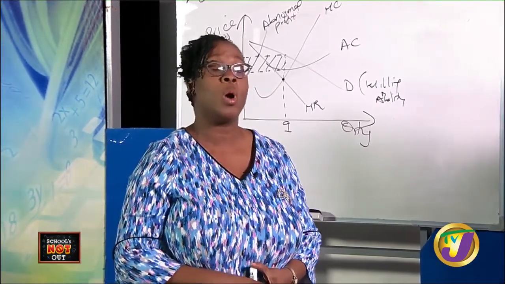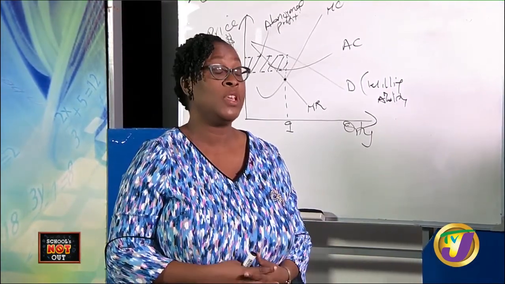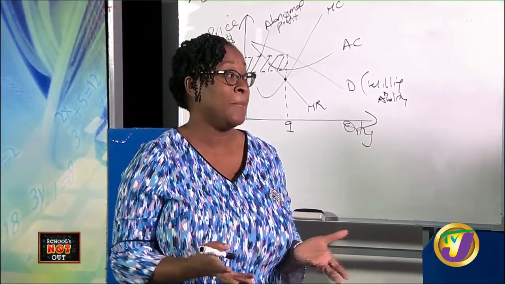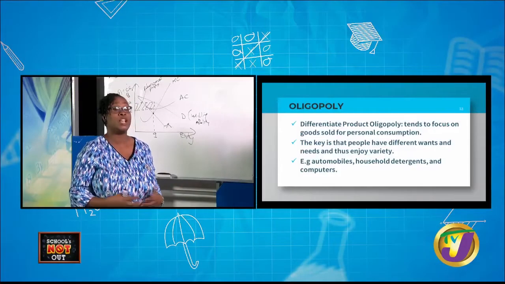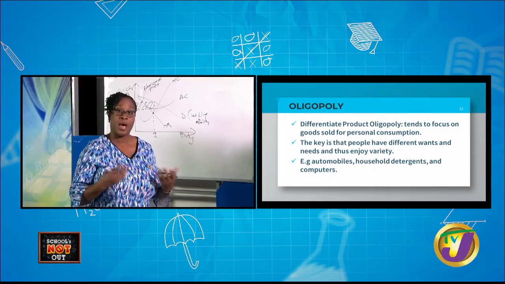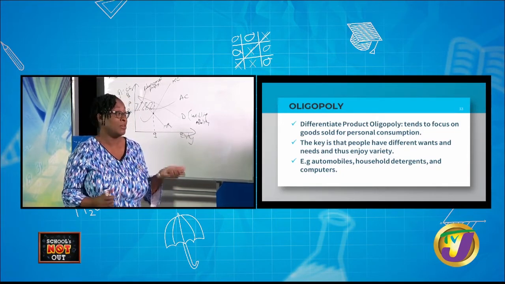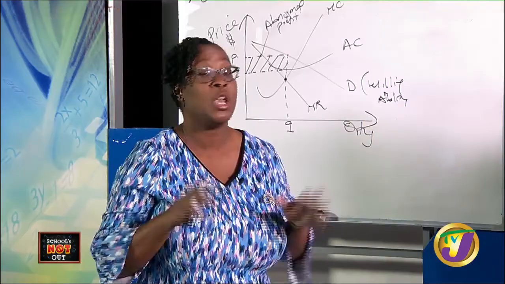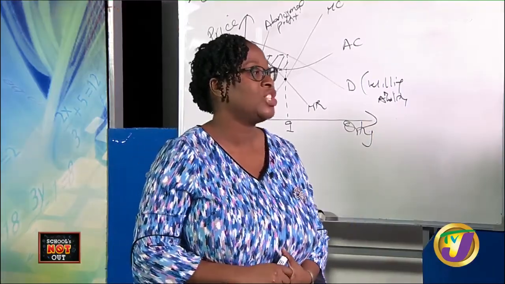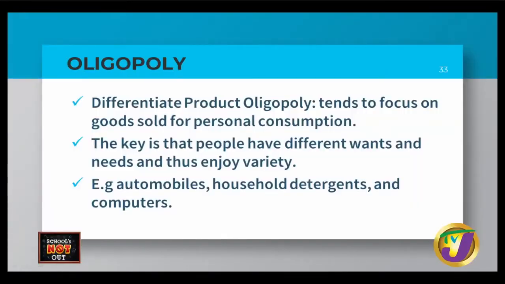We have our persons who like Volkswagen, VW, and persons who like BMWs and so on. That's their personal choice. A car, 4-wheel and an engine, and you're good to go. But some say, no, I'm an Audi person, or I'm a Beamer. Oh, I just love the Rush. Whatever. That is a differentiated product for the oligopoly.